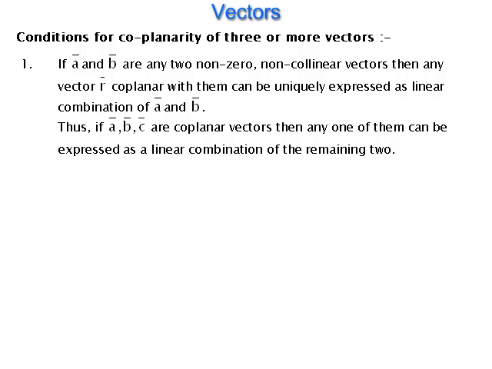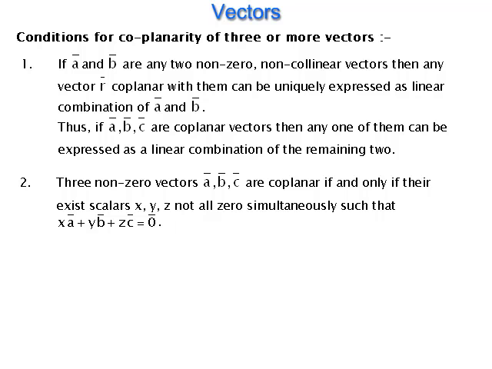Number 1. If a bar and b bar are any two non-zero non-collinear vectors, then any vector r bar coplanar with them can be uniquely expressed as a linear combination of a bar and b bar. From this theorem, it follows that if a bar, b bar, c bar are coplanar vectors, then any one of them can be expressed as a linear combination of the remaining two.